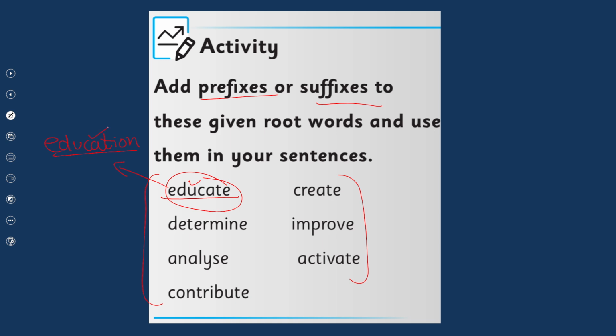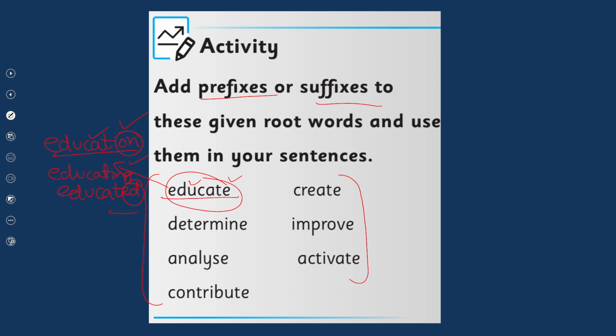Education is the process. This is the noun. Then we have words like educating, educated, with all these different affixes that we are adding. So with shun, ing and ed, we are making three new words from the root word educate.